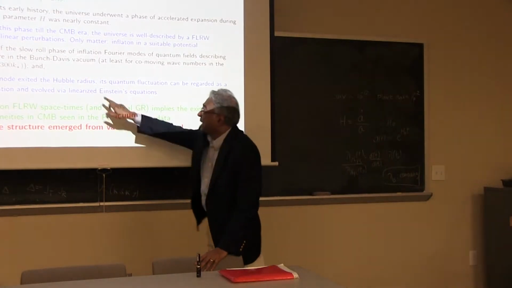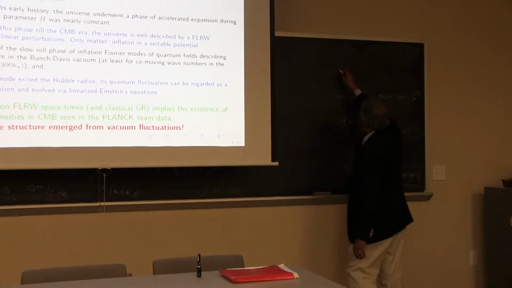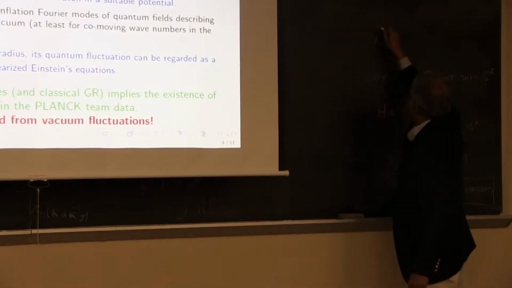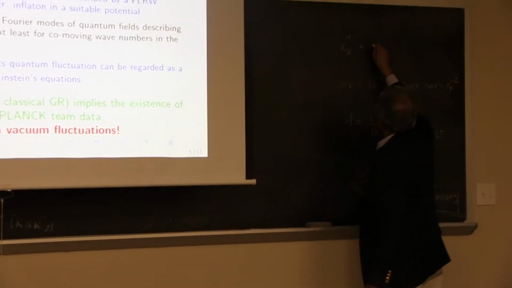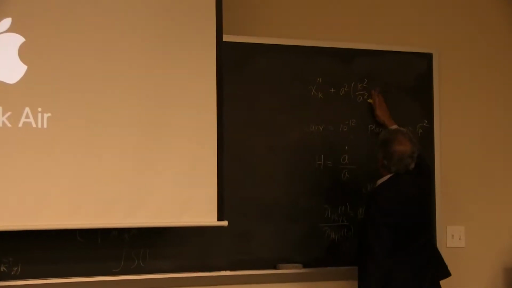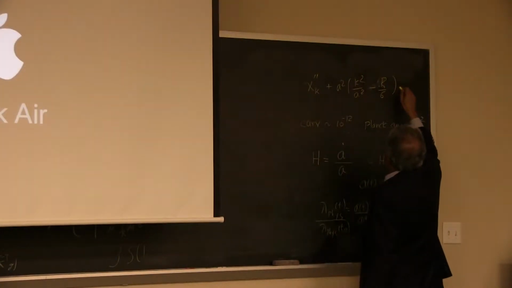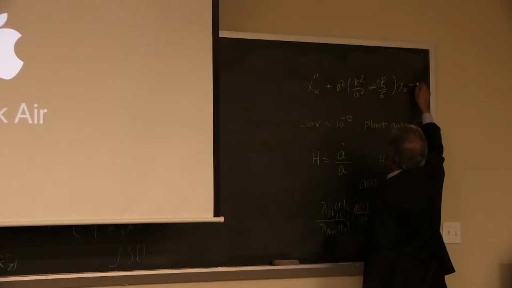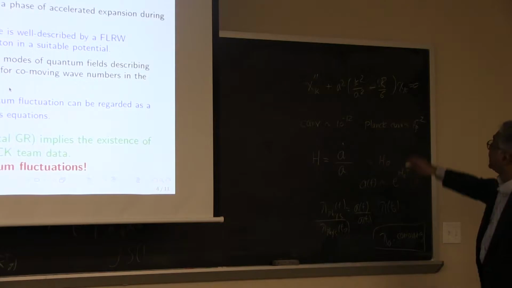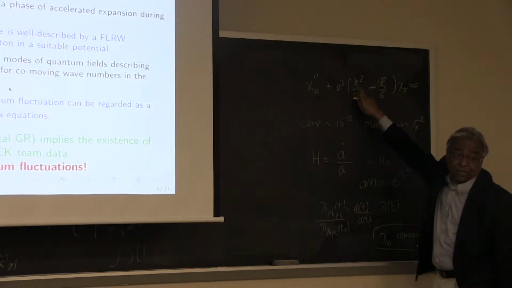On the other hand, we saw last time that we got the wave equation satisfied by this chi, the perturbation that we wrote down: chi k double prime plus k squared minus a double prime upon a, that is, minus the scalar curvature upon 6, times chi k. So this is the curvature operating on chi k. And we saw that there is a big difference whether we are going to talk about wave numbers which are much larger than this or wave numbers which are less than this.